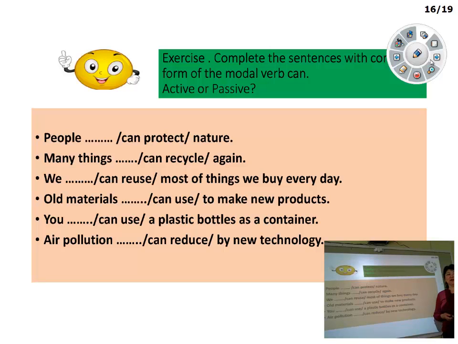Number 1, people can protect nature. Number 2, many things can recycle again. 3, we can reuse most of things we buy every day. 4, old materials can use to make new products. 5, you can use a plastic bottle as a container. 6, air pollution can reduce by new technology.